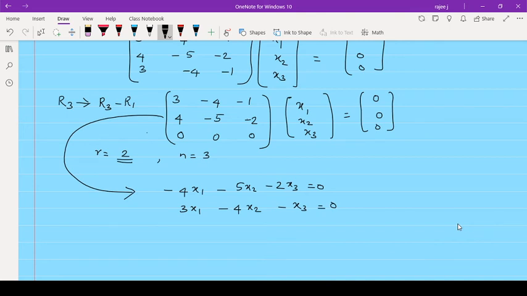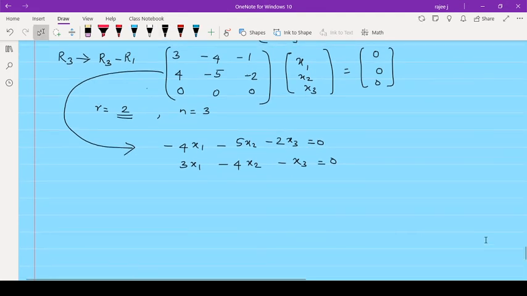Again you can reduce these numbers to smaller numbers, but it is of no use; we can just go on simplifying. Now I want to get the value of x1, x2, x3, so suitably anything you give as t.